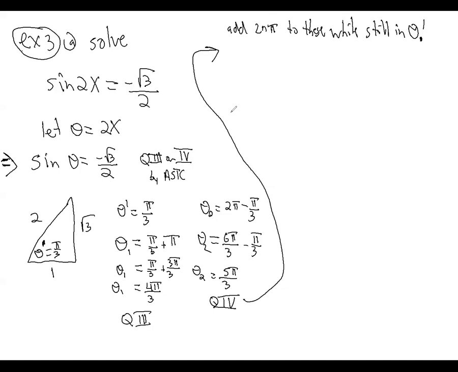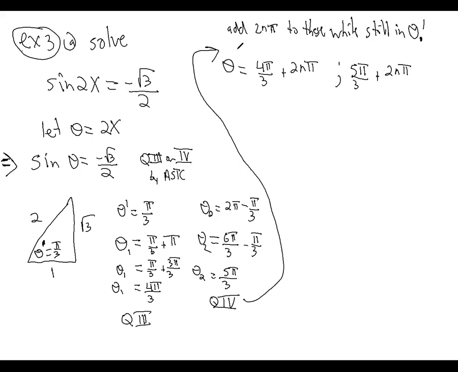So your first solution, or let's just say this all together, is 4 pi over 3 plus 2n pi, or 5 pi over 3 plus 2n pi. Again, these are the infinitely many solutions in quadrants 3 and 4 in terms of theta.